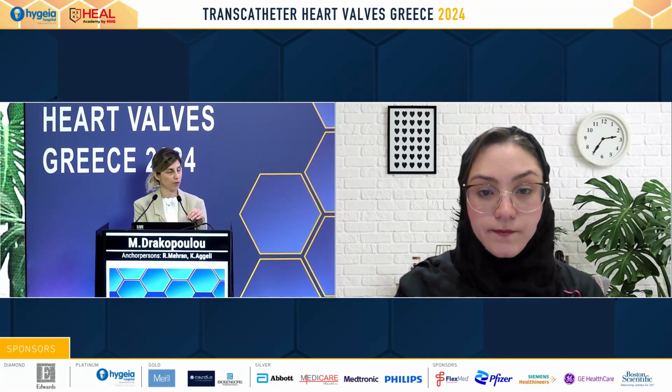I think in everyday clinical practice, we can assess the tricuspid valve very well by echo, and I would insist on also assessing the RV function, LV function, and understanding the pathophysiology of the tricuspid regurgitation.